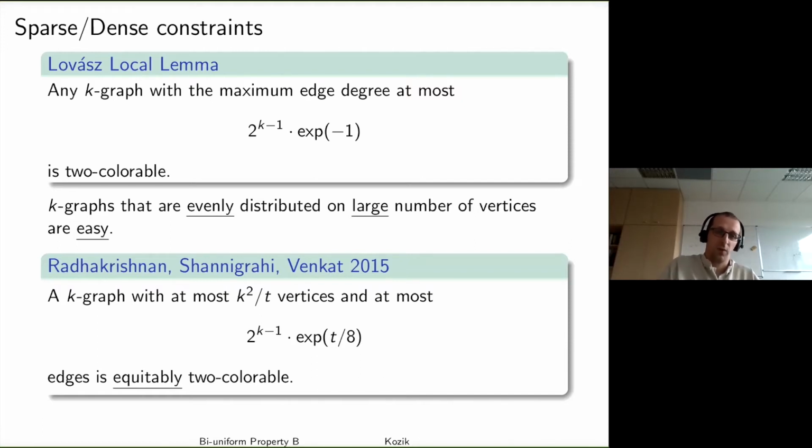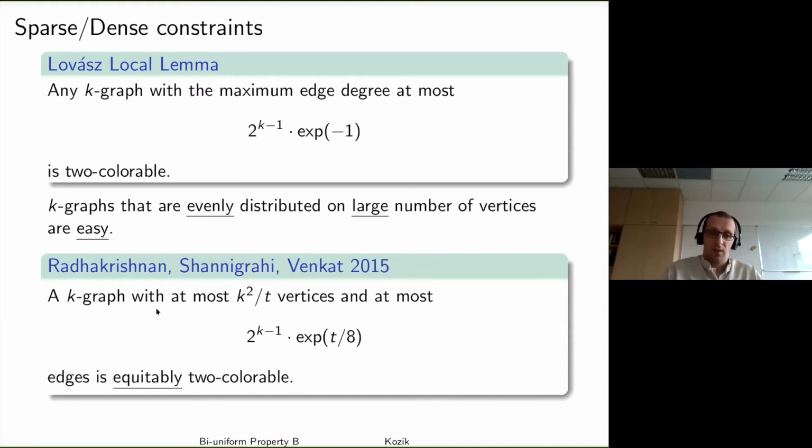There is some byproduct. The resulting coloring from this observation is not only proper, it is also equitable or balanced. In the previous talk, you saw they considered balanced coloring, and it is interesting behavior that we see quite often, that sometimes it's technically easier to look for equitable coloring instead of just two-coloring.